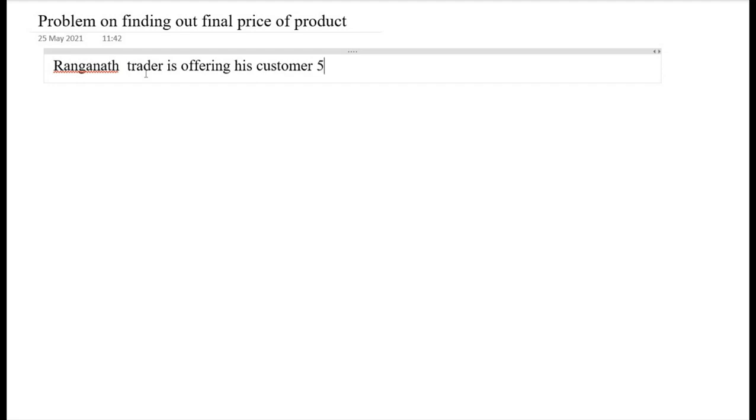A trader is offering his customer a 5% discount on purchase of 6 iPhones. The price of each iPhone is rupees 42,000.